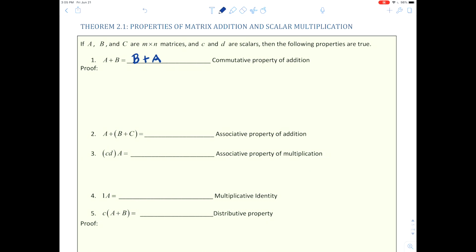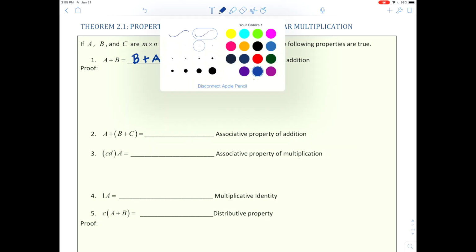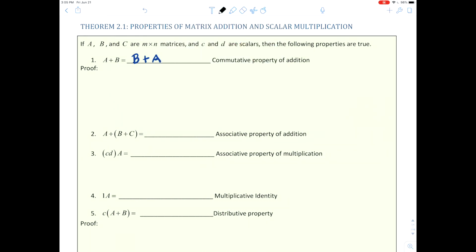All right, here we go. So for all of these, let's have a basic starter, okay?